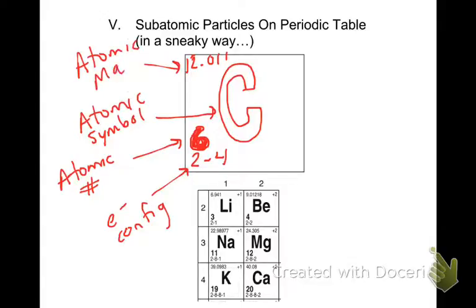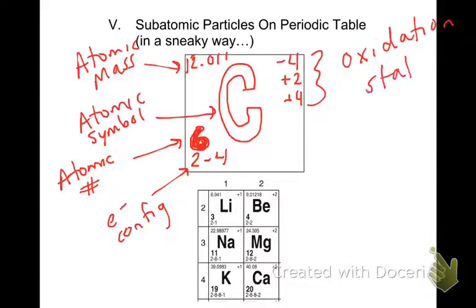And we will define that later. That comes really into play, helping us figure out number of neutrons. And then we have our oxidation states over here. They're selected oxidation states, and that basically tells us how many electrons this particular atom would likely gain or lose when it's creating a bond. So there's a lot of information here, and as we get further into discovering subatomic particles, you'll see really where all of these fall into play.